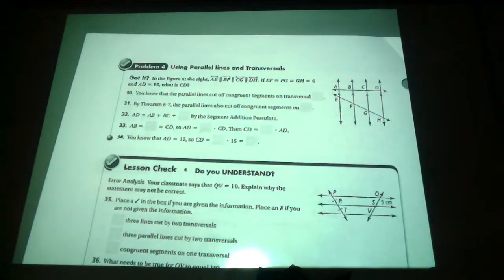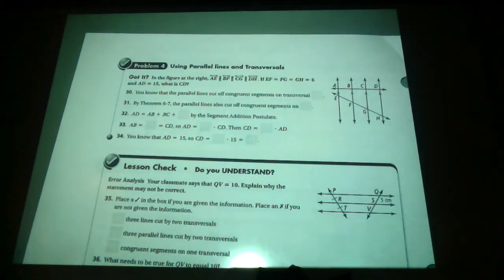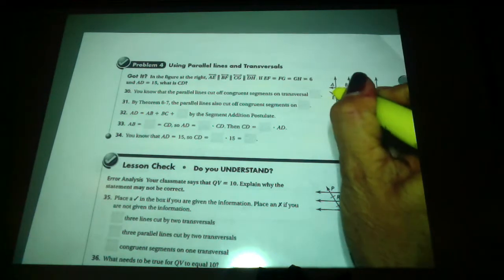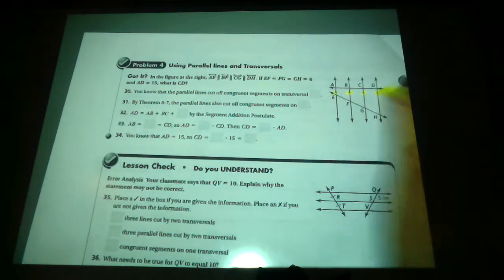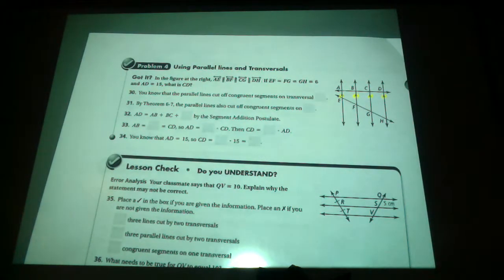So you'll see it used in various ways when you do your homework, word problem wise, as well as non-word problems. But here's a particular picture. They tell you at the right, all of these lines are parallel. And you can see the parallel markings for yourself. So if they didn't tell you that, the markings in the picture are telling you that.